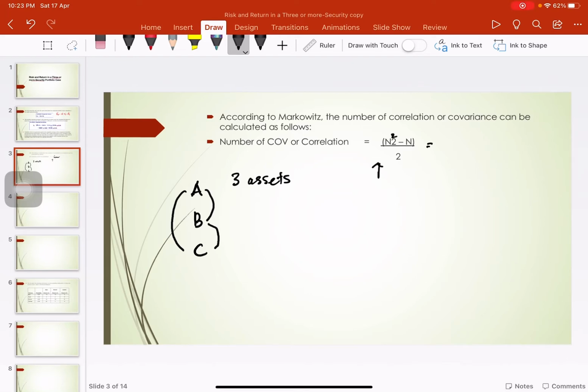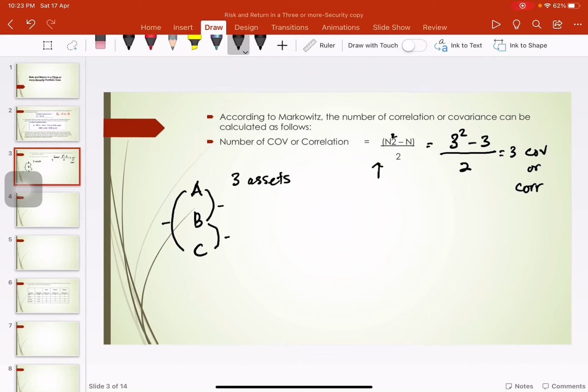So for 3 assets, 3 squared minus 3 divided by 2. 3 squared is 9, minus 3 is 6, divided by 2 is 3. So betul lah, ada 3 covariances or 3 correlations: between A and B is 1, B and C is 2, A and C is 3.